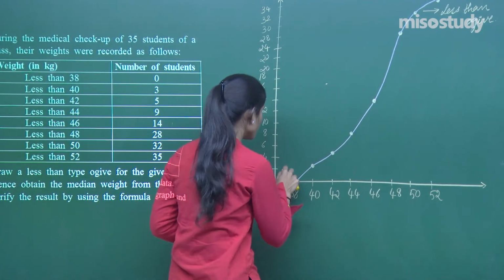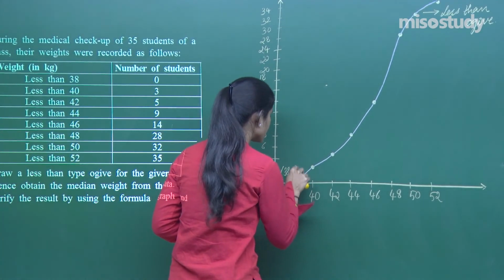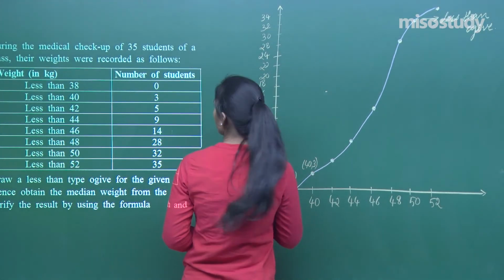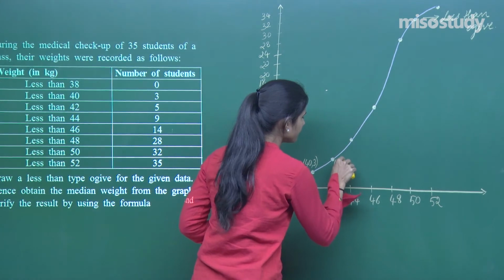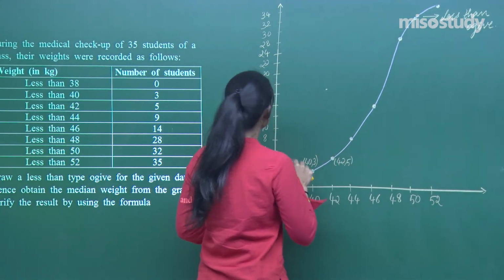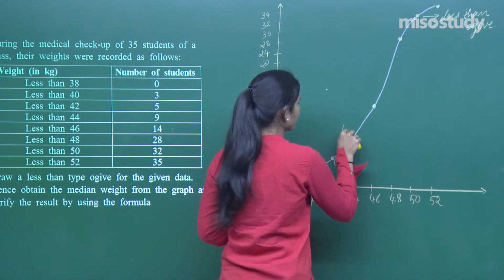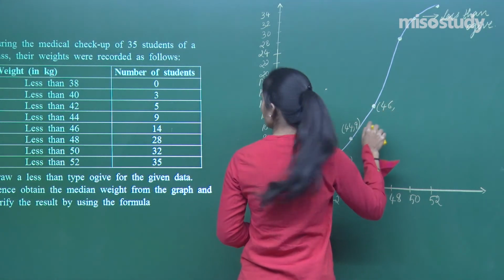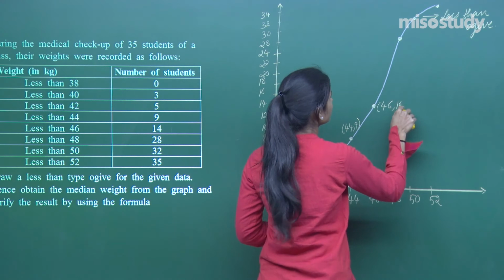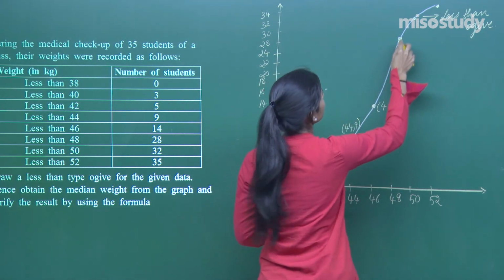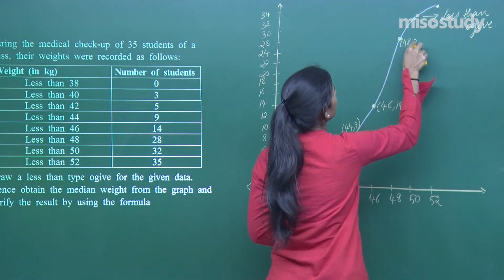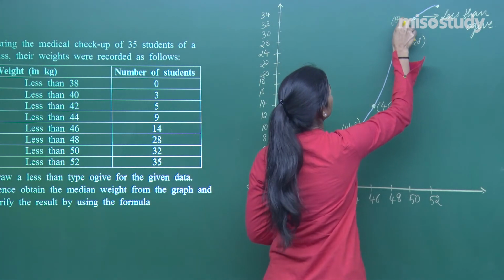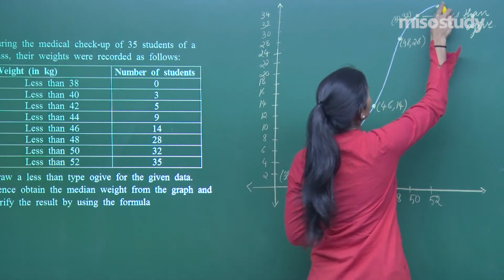Now that you have this, if you want, you can also mark the points. This is 38, 0. This is 40, 3. Then this is 42, 5. Then you have 44, 9; 46, 14; 48, 28; 50, 32; and 52, 35.